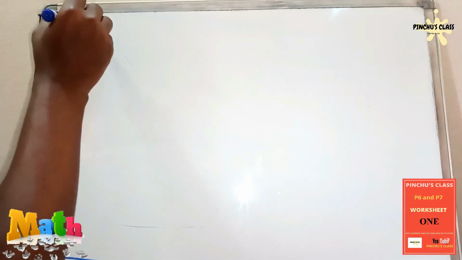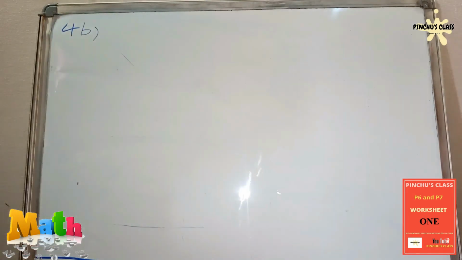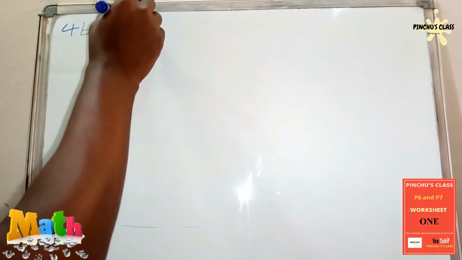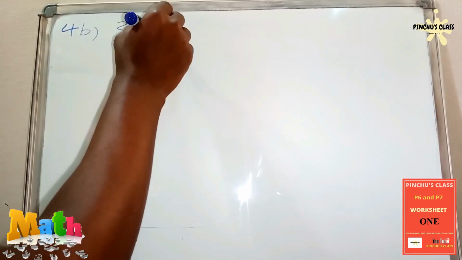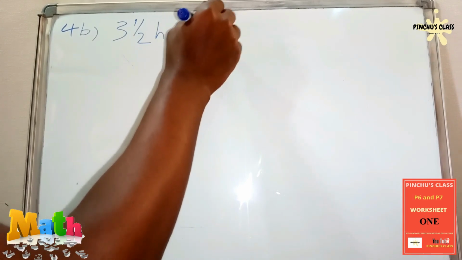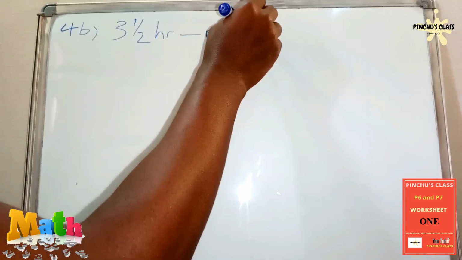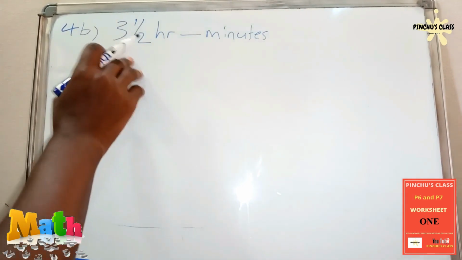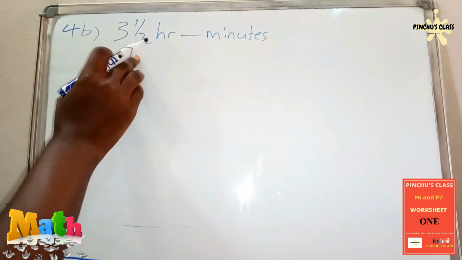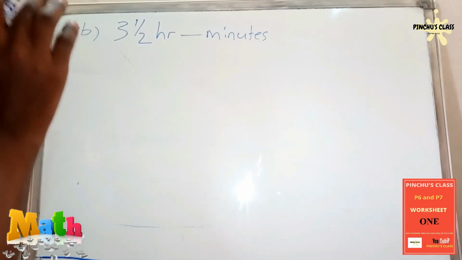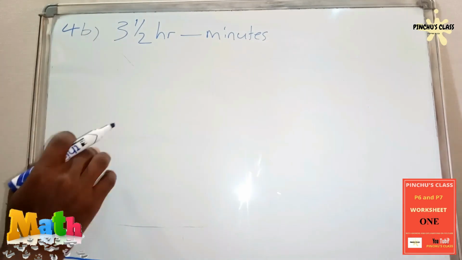Let's go to 4B. They have told us to convert 3.5 hours to minutes. Now, whenever you find a mixed fraction, the first thing you're going to do is change it to an improper fraction.